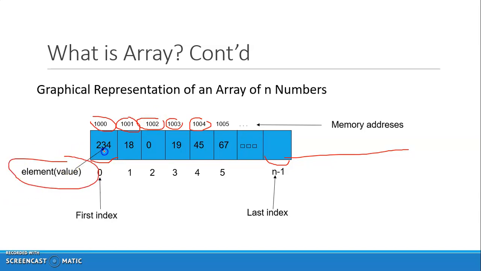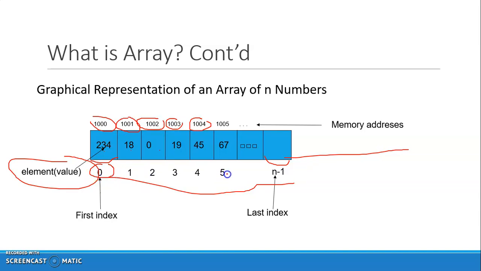elements, these values, and of course the indices, because we are going to be using indices to randomly retrieve values of our array. So the indices begin from 0. The first element of our array is on position 0, and it goes all the way to the last one.